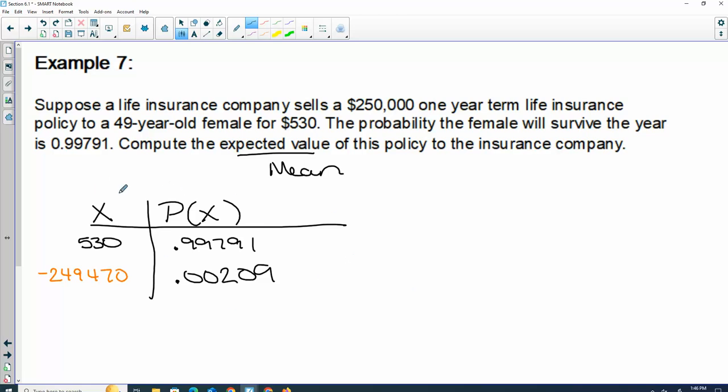Okay, so I now have a probability distribution. I have the table of my outcomes and the probability of each. How do we find the mean? We need x times p of x, and then add.